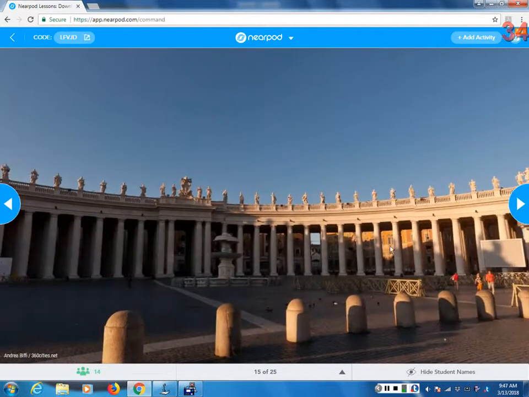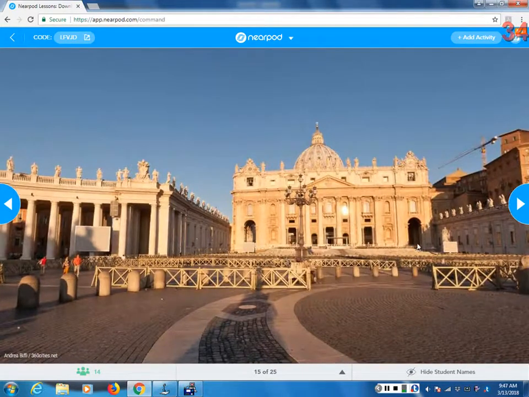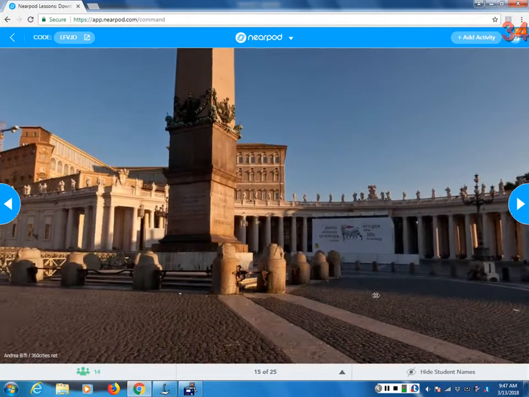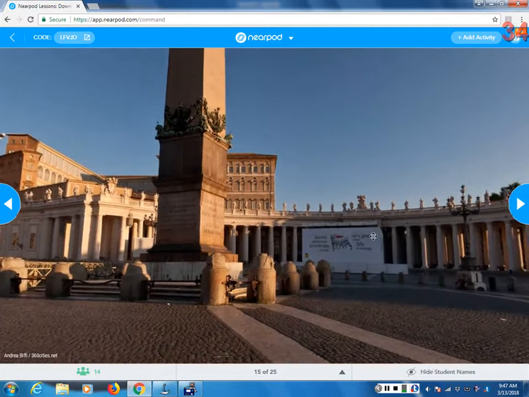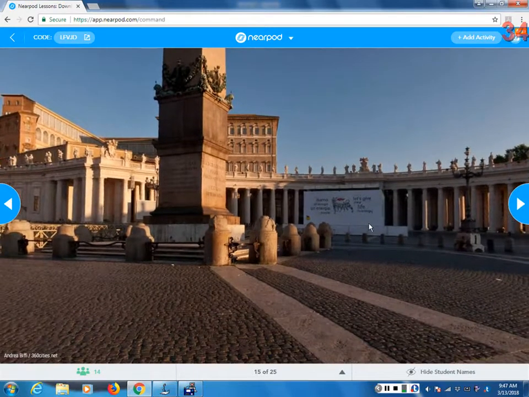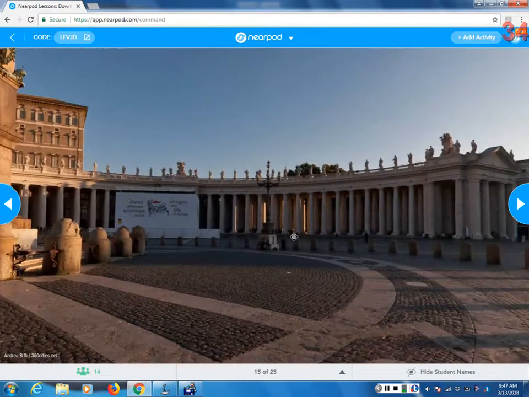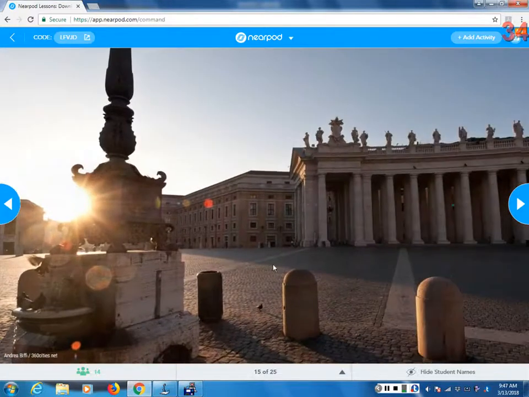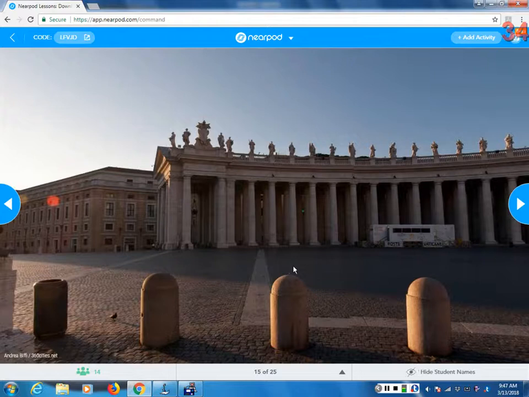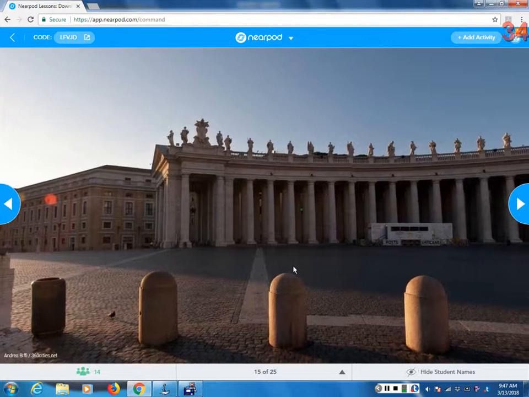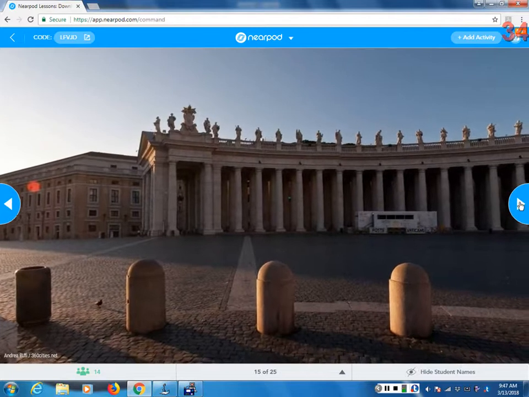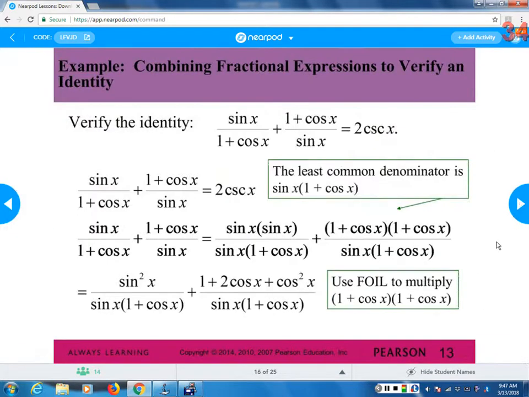Yeah, I'm thinking. The Nearpod program has all these 3D pictures in it that lets me just pick one. It's pretty cool. So this is the Vatican. Okay. Are you done playing with that? Okay. Oh, sorry. Did you like it? You like those 3D pictures?